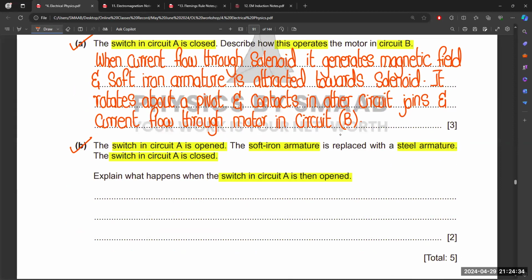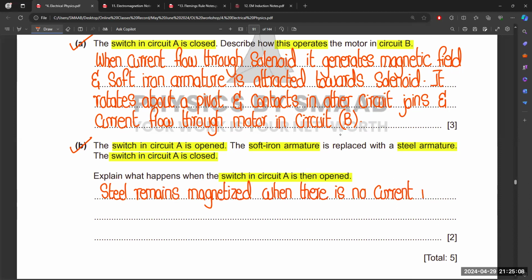So basically, steel remains magnetized when there is no current in the circuit.